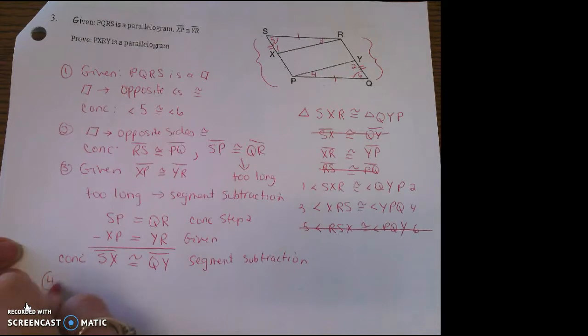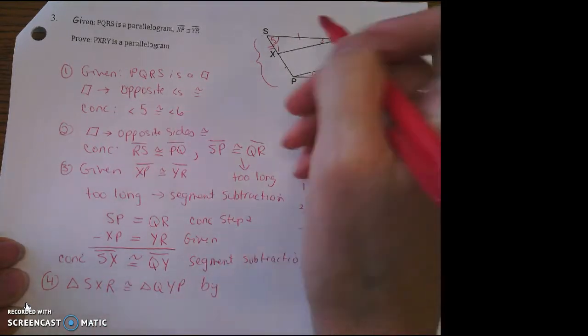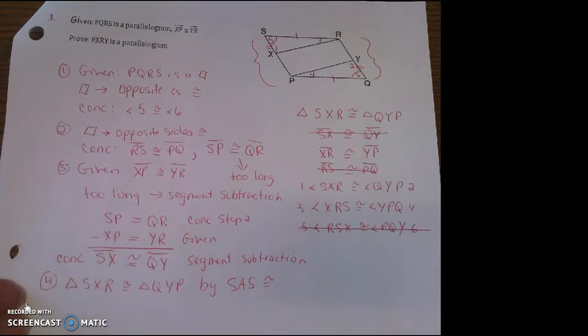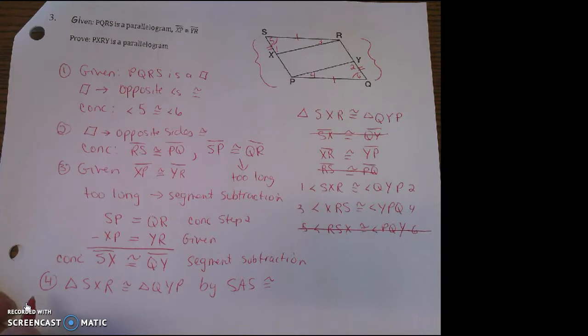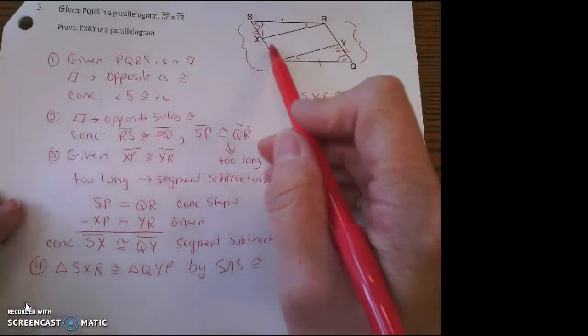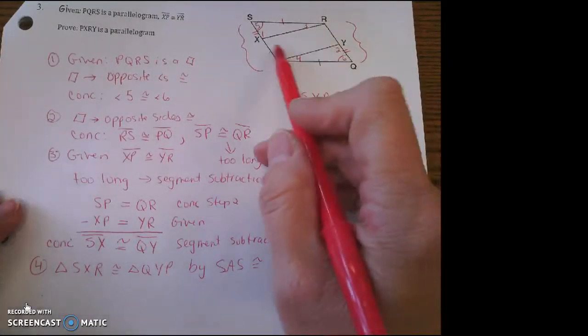Right now I can get my two triangles congruent by side angle side congruency. This also tells us that we can use corresponding parts are congruent. Now remember, we need to get this little one to be congruent.